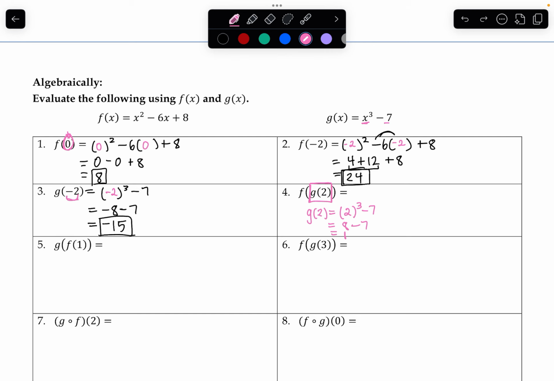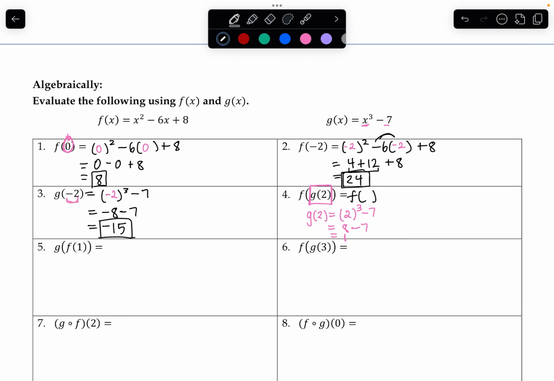And so this problem becomes f of g of 2, which is f of 1. So now we just need to figure out what f of 1 is. Getting the rule for f, it's x squared minus 6x plus 8. So x squared minus 6x plus 8. And then we're filling in 1 for the x's. 1 squared is 1. 6 times 1 is 6.